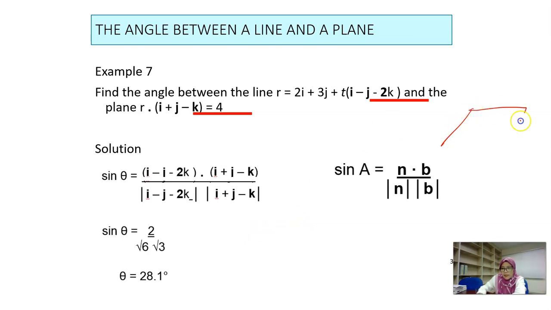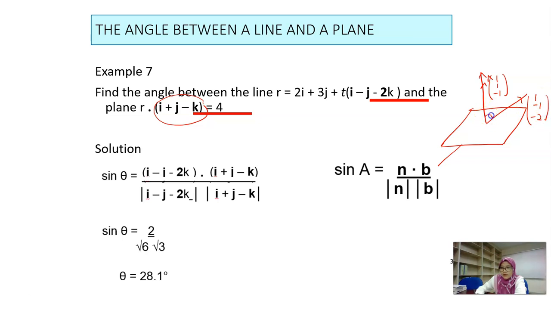Or if you are using cos, in this case it is like this. This is the plane, and your n is (1, 1, -1). Then the direction vector of the line r is (1, -1, -2).